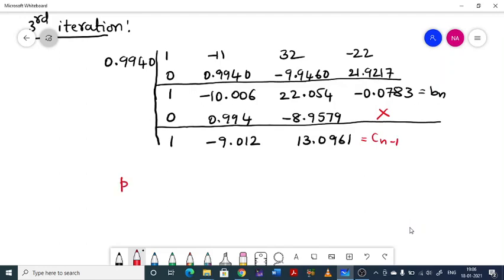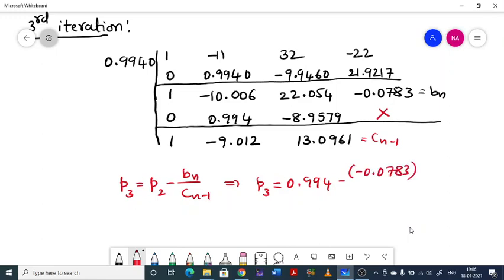So we have P3 equal to P2 minus Bn divided by Cn minus 1. Substituting values, P3 will be P2, that is 0.994, minus Bn, that is minus 0.0783, divided by Cn, that is 13.0961. So P3 will be 0.99998.